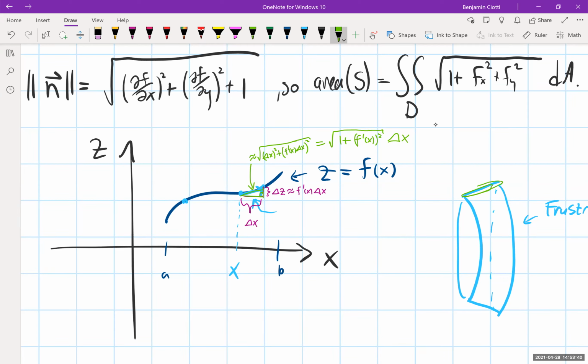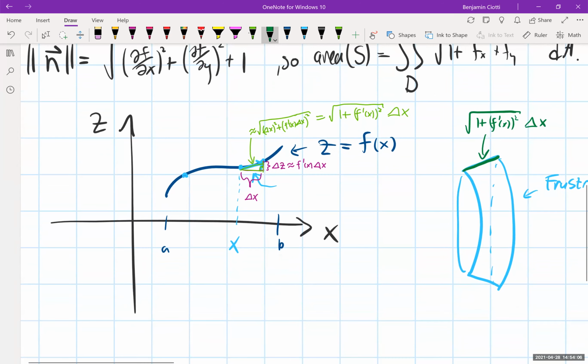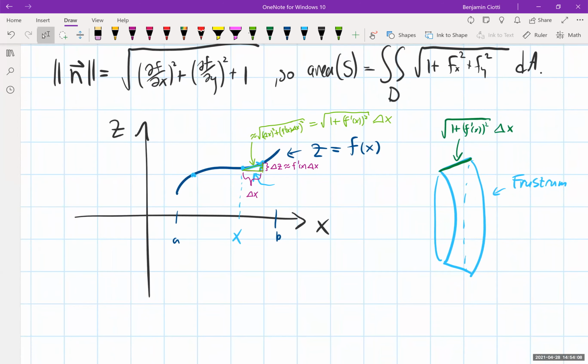So that's this length right here. This thing has length the square root of 1 plus f prime of x squared, times delta x. Yeah, that's where the 1 comes from.